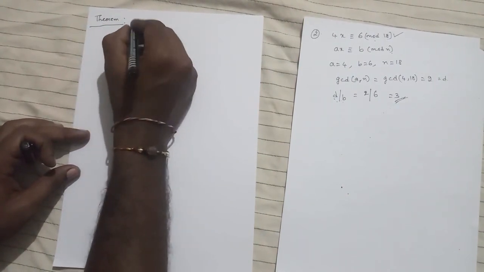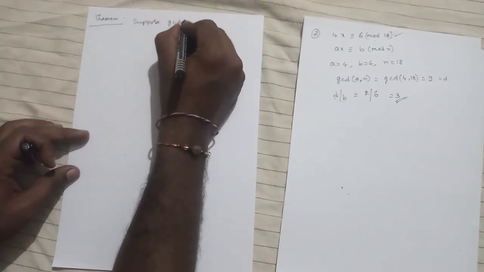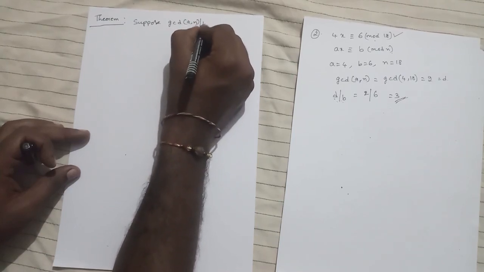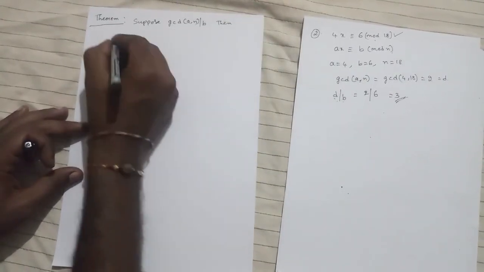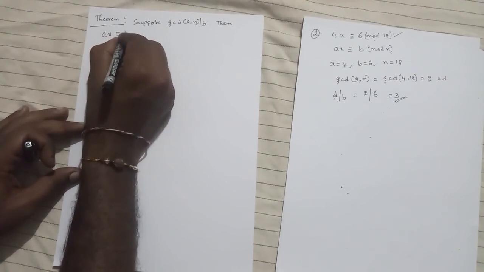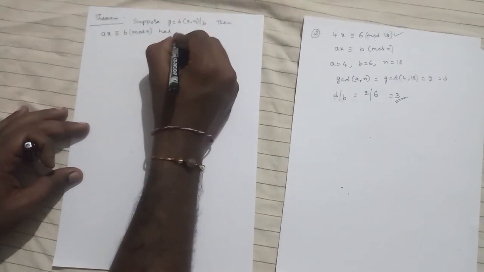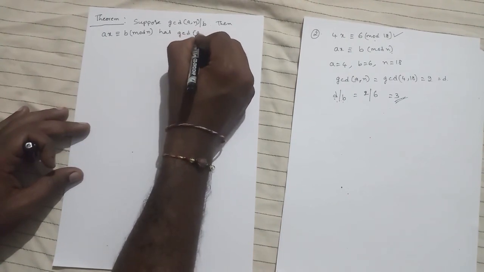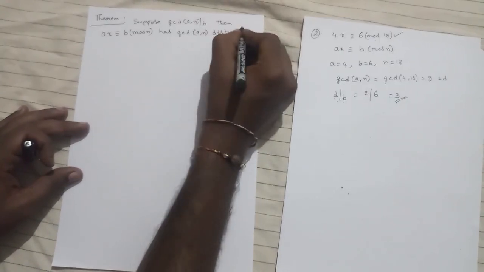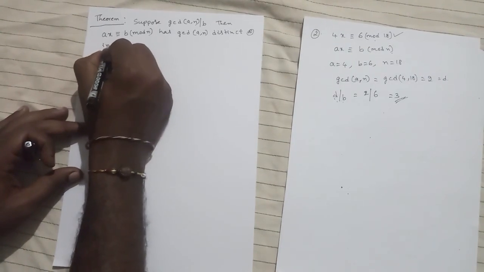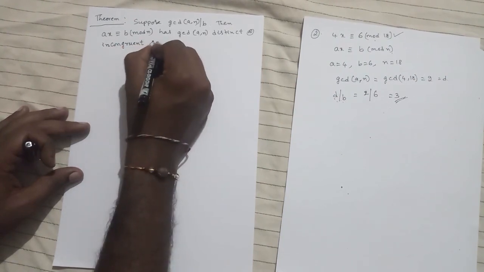Theorem. Suppose GCD of a comma n divides b, then ax is congruent to b mod n has GCD of a comma n distinct, or incongruent, solutions.